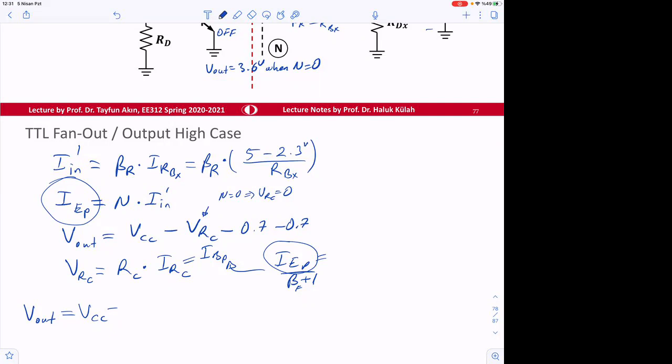But VRC, I can write it right away: n times IN prime divided by beta F plus 1 times RC, minus 0.7 minus 0.7.